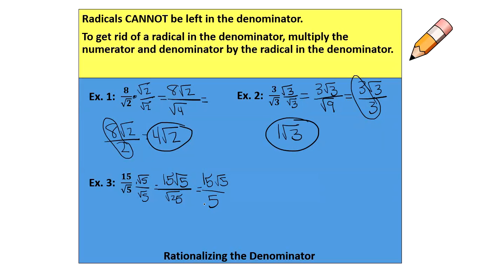That kind of makes sense, though. The square root of 5 times the square root of 5, technically that's the square root of 5 squared, which is just 5. So that actually will always happen, guys. If you multiply a square root times itself, you are just going to get the number under the radical. Something to keep in mind. Maybe simplify yourself a couple of steps. 15 over 5 is 3.